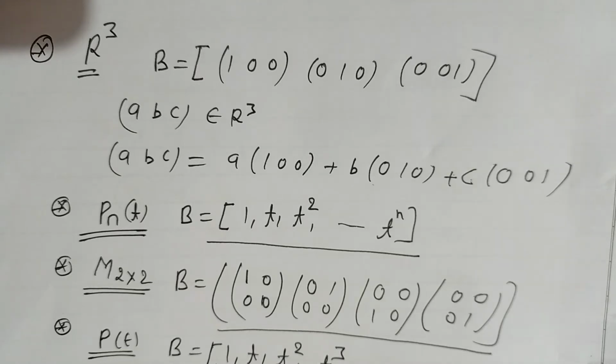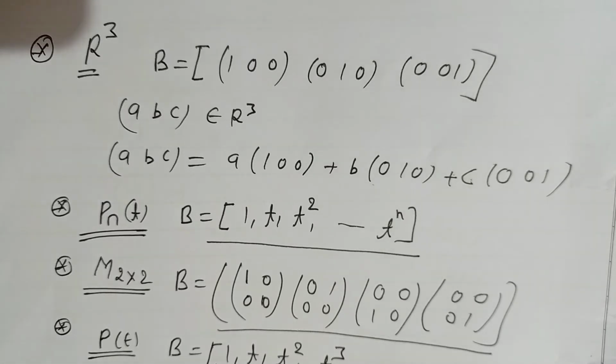So for finding the dimension, one thing we can see is the number of elements in the basis, the first concept. Second, if you can find the number of free variables in that vector space, that is also called the dimension.